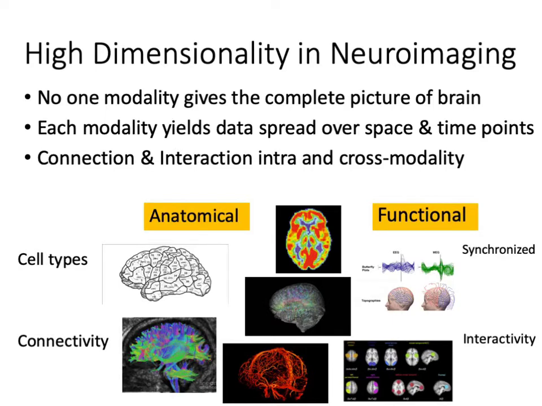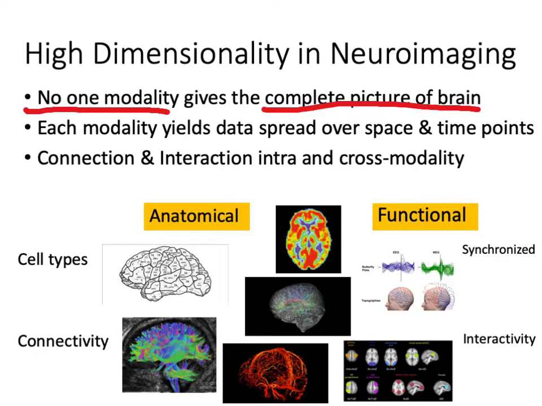Now I'd like to shift gears to focus on a very special problem, that is the problem of high dimensionality in neuroimaging. And I first would like to bring to your attention the observation that no single neuroimaging modality is able today to give us a complete picture of the structure and functional relationship of the human brain.